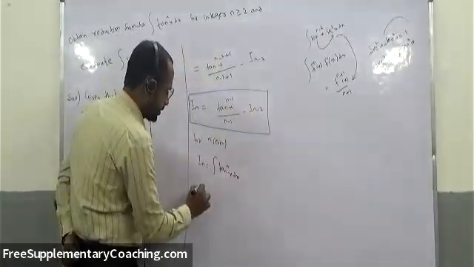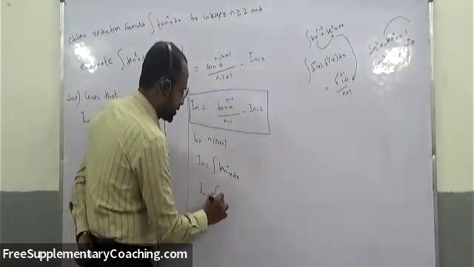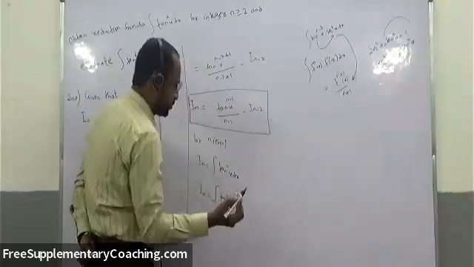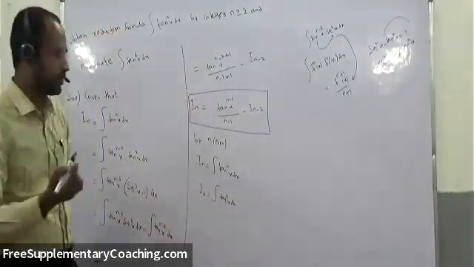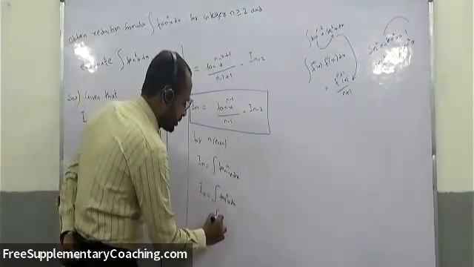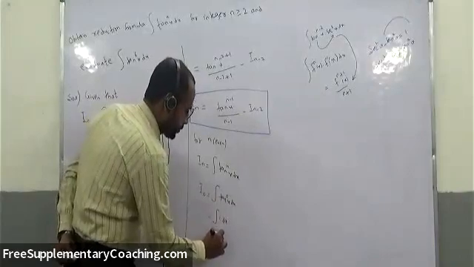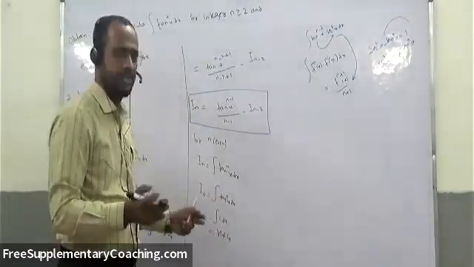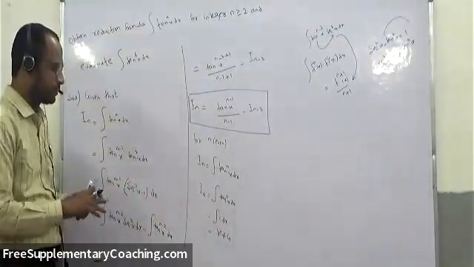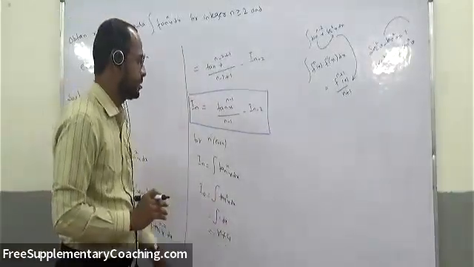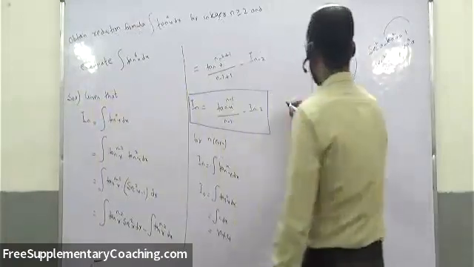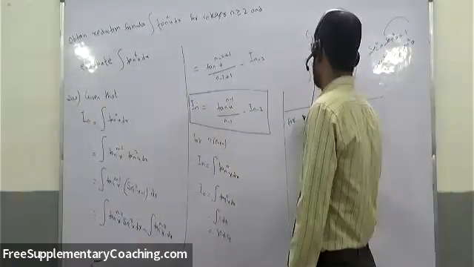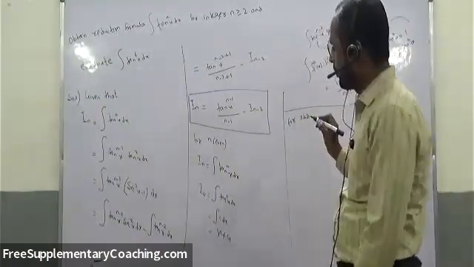So I naught is equal to integration of tan power 0 x into dx. We know that anything power 0 is 1. So integration of 1 into dx is equal to x plus c1. One more arbitrary constant we are using, just to keep it different. So for I naught we got x plus c1. So now for odd, what do we have for odd?